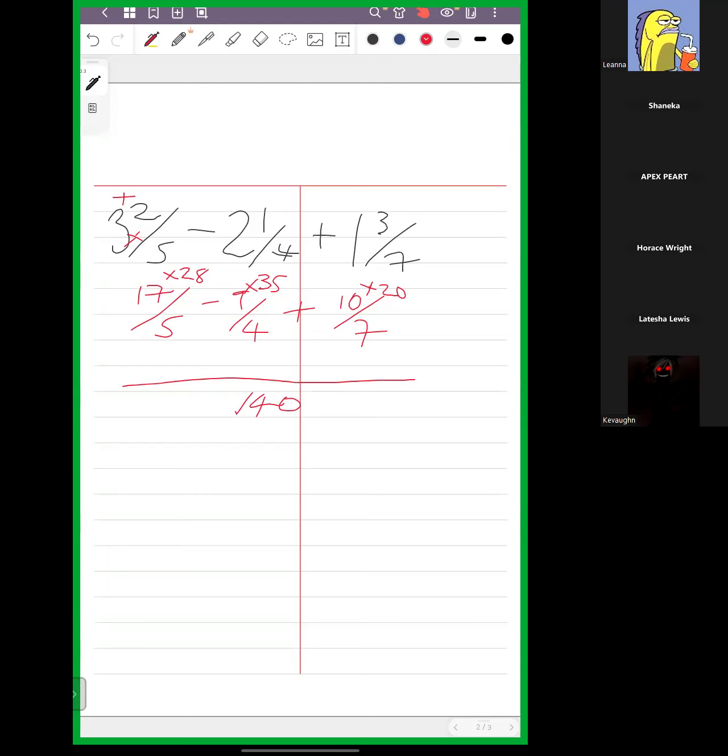So I have my calculator at hand, just like you are supposed to have yours as well. So that's 17 multiplied by 28. That's going to give us 476. And 9 multiplied by 35, that's going to give us 315.